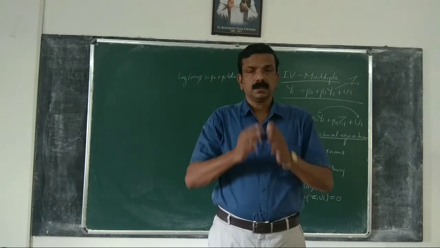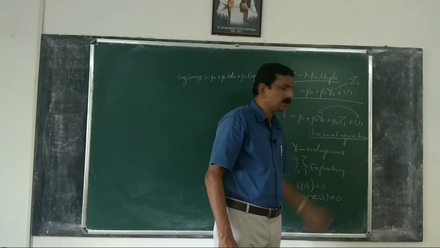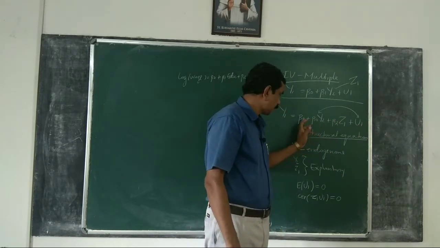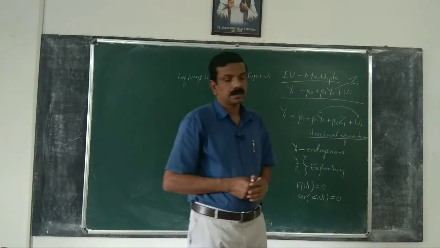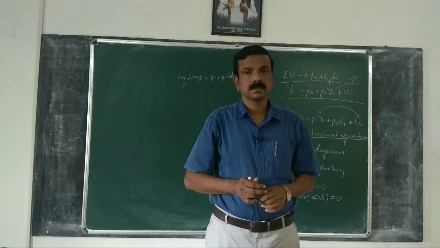If y2 is correlated with u1 and you apply OLS to estimate the parameters beta 0, beta 1 and beta 2, you will get biased and inconsistent estimates.